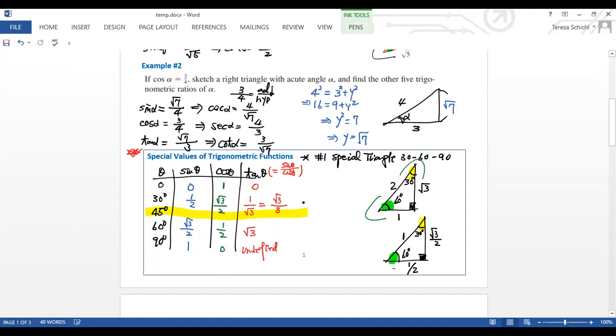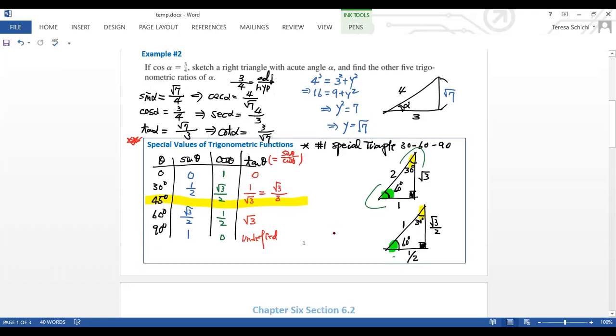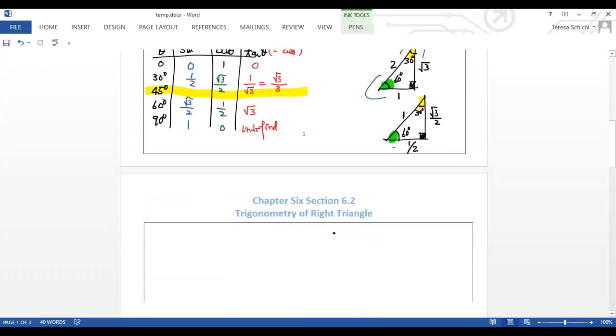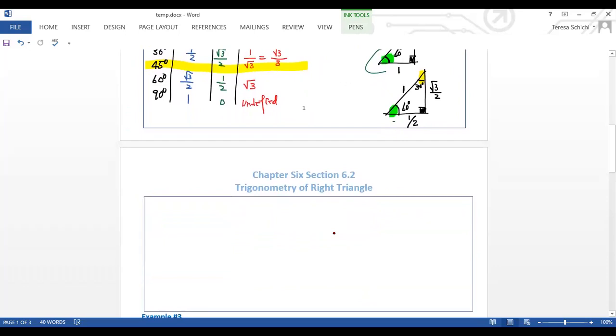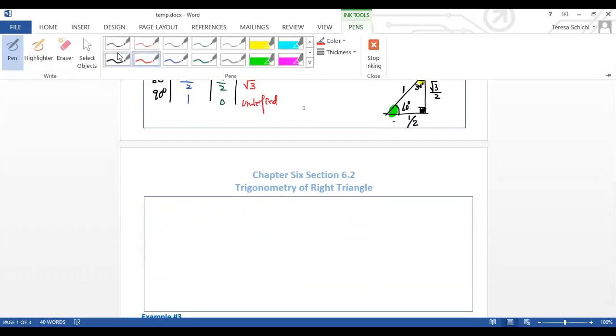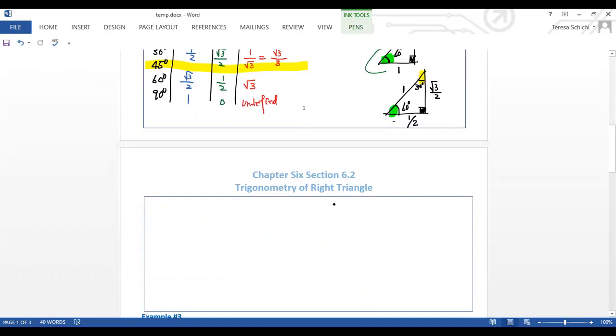Okay, so this is the special angles for the special triangle 30, 60, and 90. Now we have another special triangle. This is the number 2 special triangle, the 45, 45, and 90 degrees.